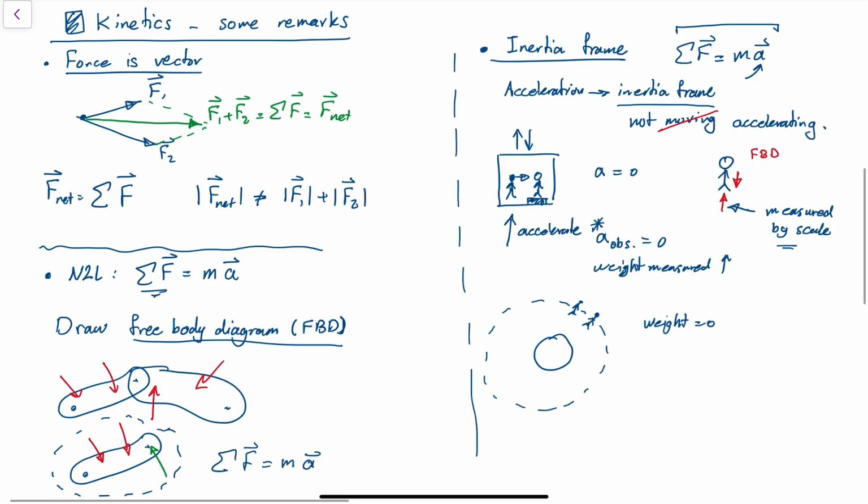There is still gravity acting on the person. The person has a mass in a gravitational field, but this weight is essentially balanced out by the acceleration of you moving with this person. You remember we had this centripetal acceleration, and because you as the observer have some acceleration, you end up with the wrong assumption that the person is weightless.